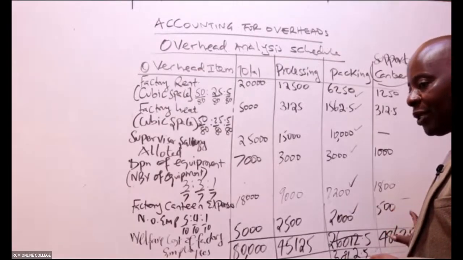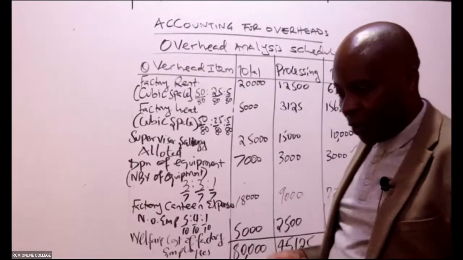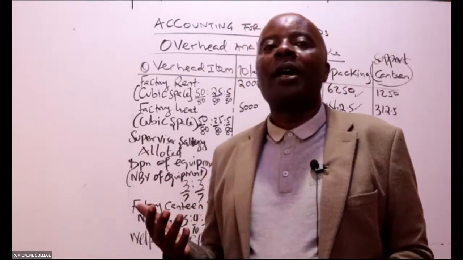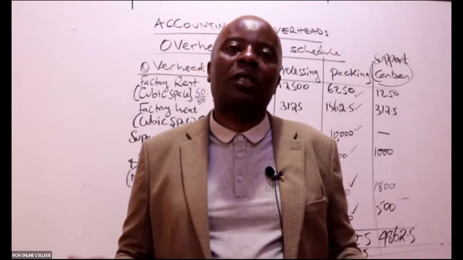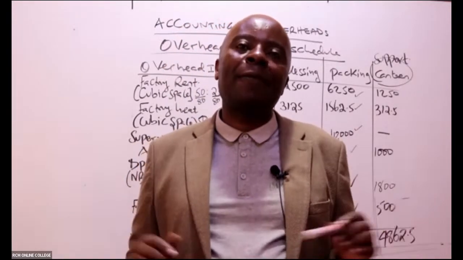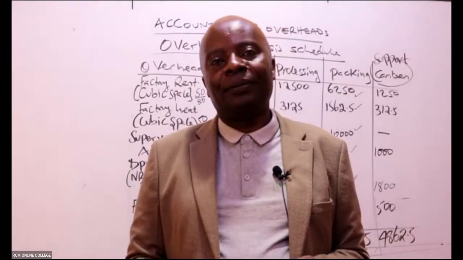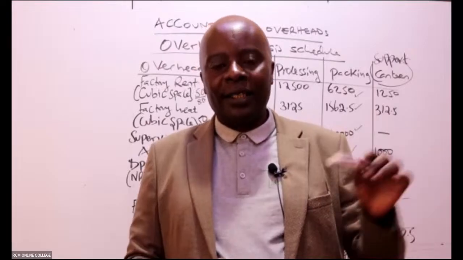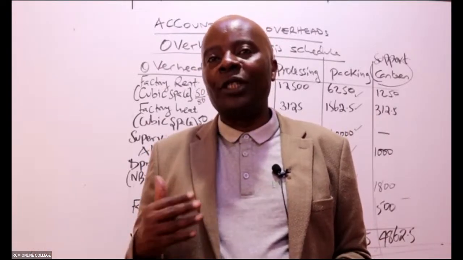Why are we redistributing this? Ladies and gentlemen, it's because of what we are normally told in management accounting, that support departments can never bear their own costs, can never bear any weight. They are paper tigers. There is a real tiger and there is a tiger drawn on paper. They are not doing the real production.